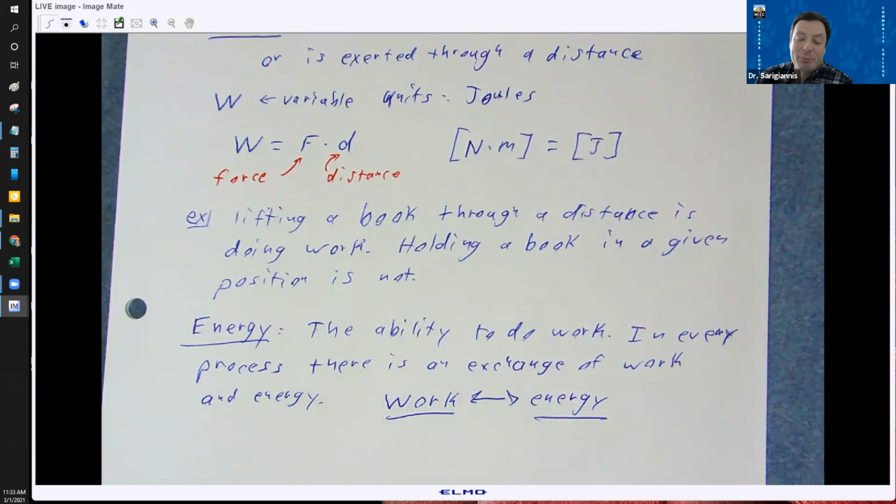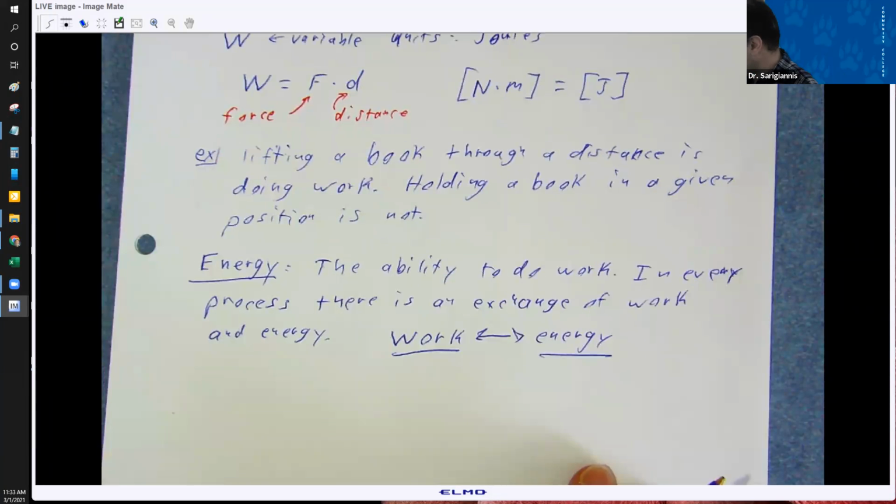You pump water up in elevation, converting work into stored potential energy, and then you drop that water through a turbine like we do in Niagara Falls. You convert it back into work, which then generates electricity. We'll get into that later when we talk about generation of power or electricity.